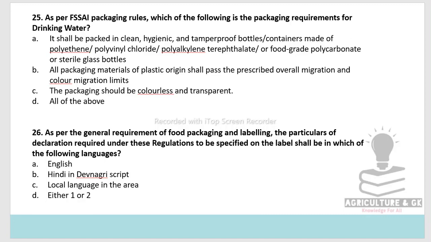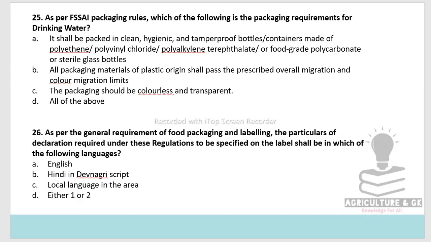So for the packaging of drinking water, FSSAI has made certain rules, so which are the container or the bottle we are using to pack the food, it should be clean, or it should be made of polyethylene, polyvinyl chloride or polyalkyl terephthalate, or we can also use any food grade polycarbonate or sterile glass bottle, and all the packaging materials of plastic origin shall pass the prescribed overall migration and color migration limits.